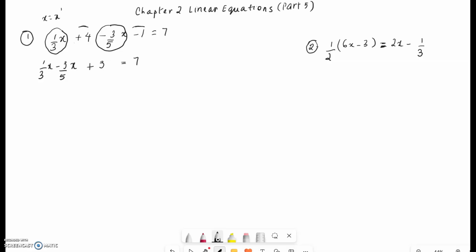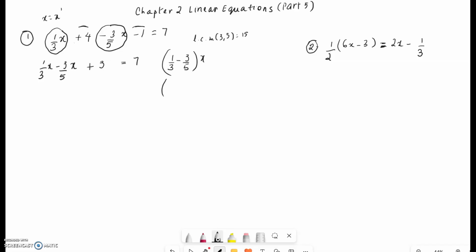Now, the only way we can combine these two is by doing subtraction of fractions. Basically, this is what we need to do. 1/3 x minus 3/5 x is 1/3 minus 3/5 x. The LCM of 3 and 5 is equal to 15.